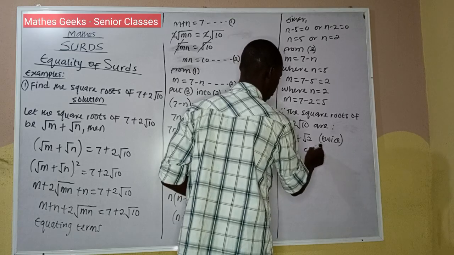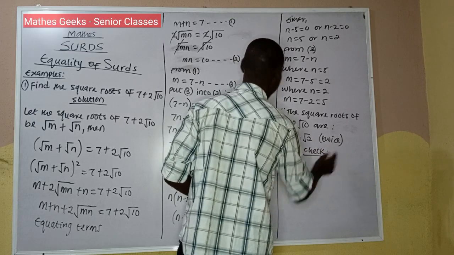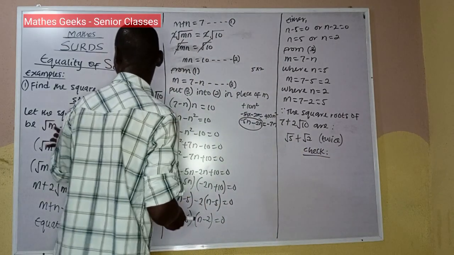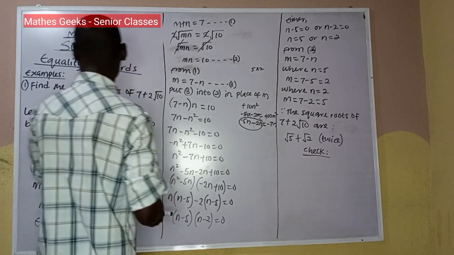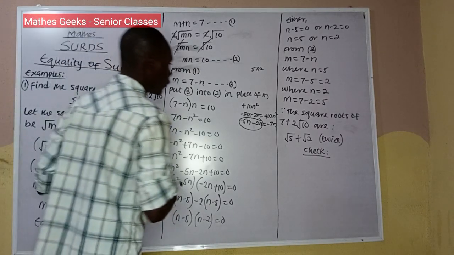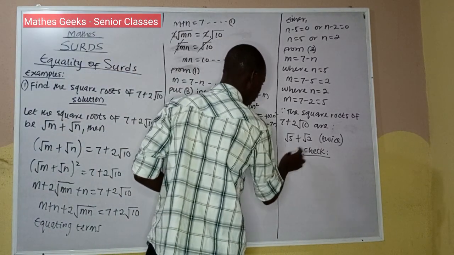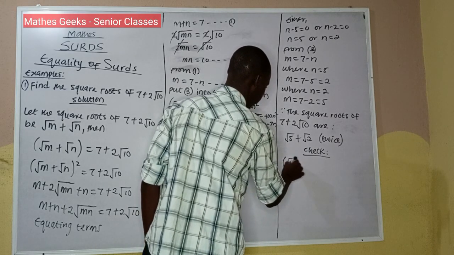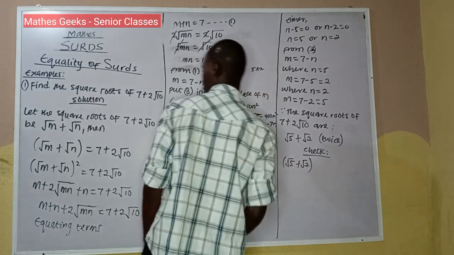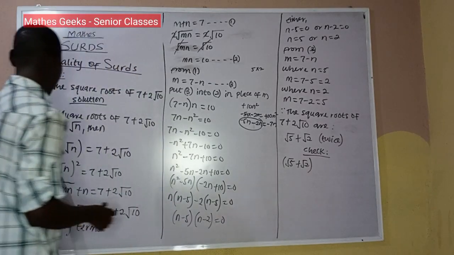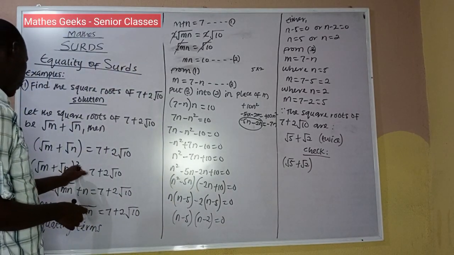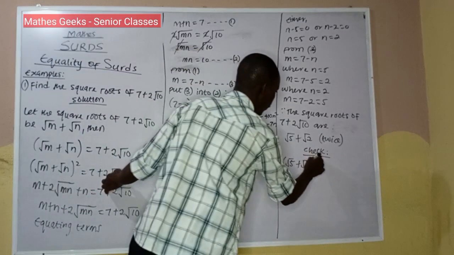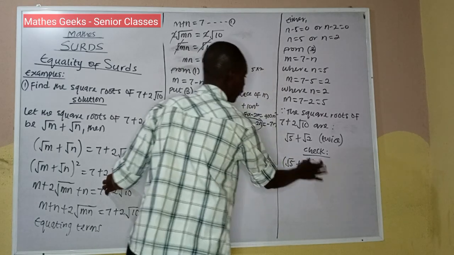Let's run our check to see if the answer is correct. If m is 5 and n is 2, and we square root 5 plus root 2, remember that the square of this should give us 7 plus 2 root 10. So let's see if it will give us that.